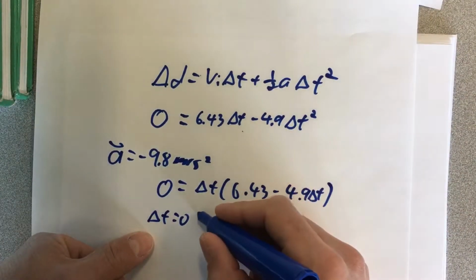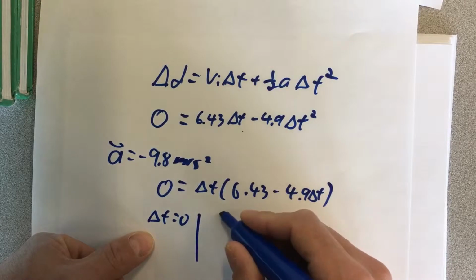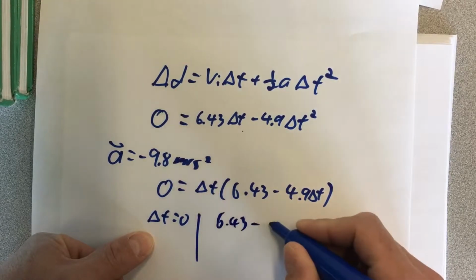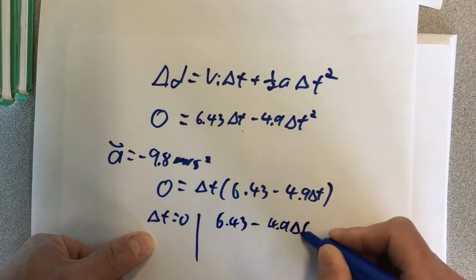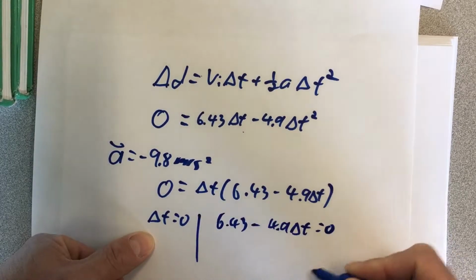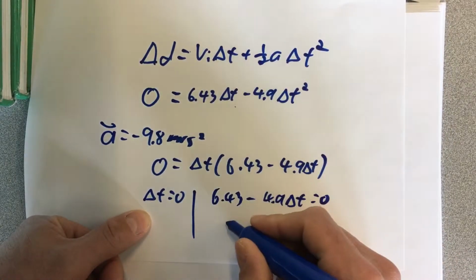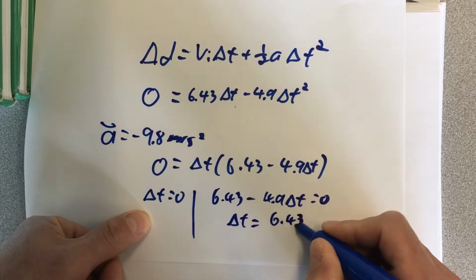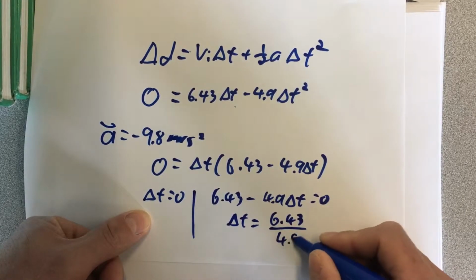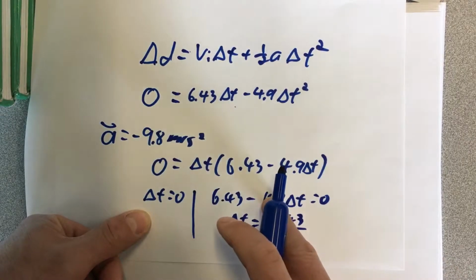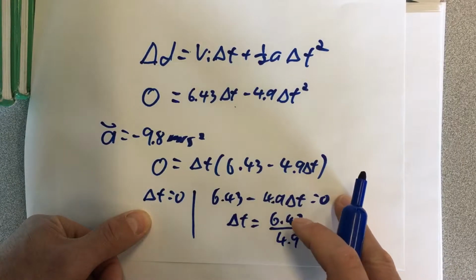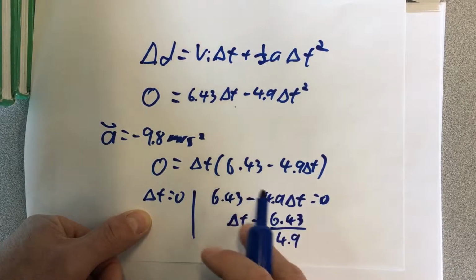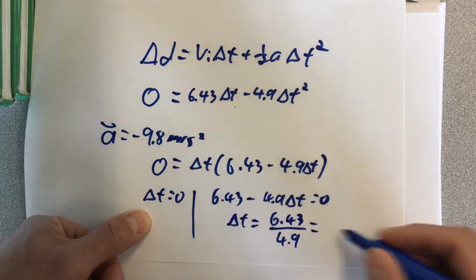Our other solution is that 6.43 minus 4.9 delta t is equal to 0. A quick rearrangement of this, delta t is 6.43 divided by 4.9. If you bring this to that side of the equation, they're both positive, and then divide out the 4.9, it gives you this fraction.